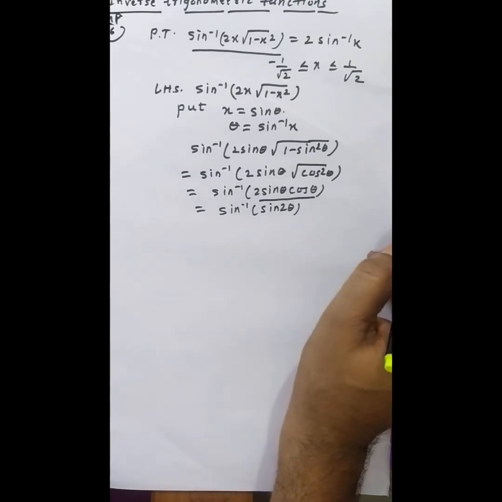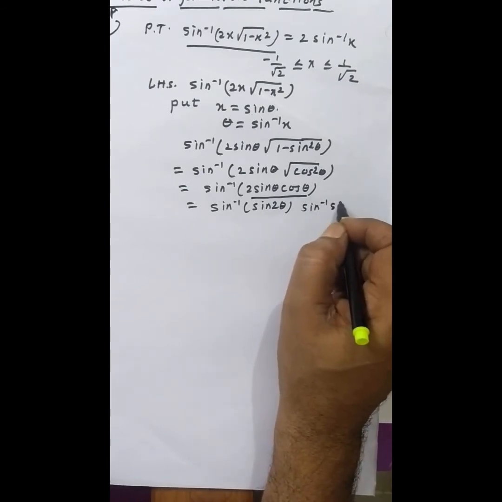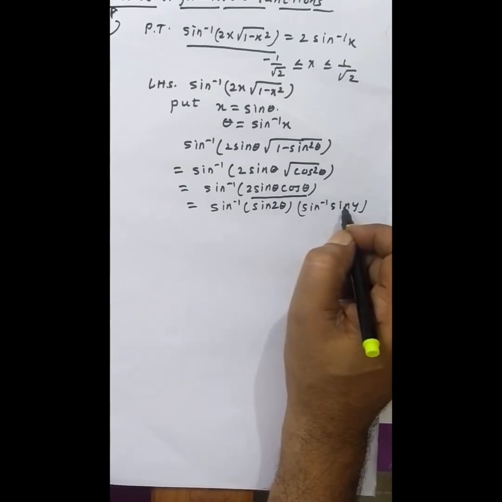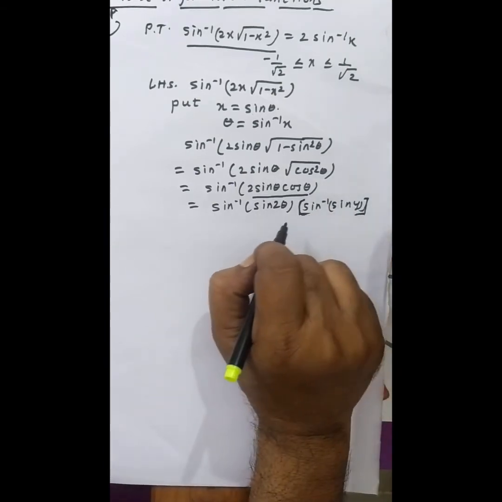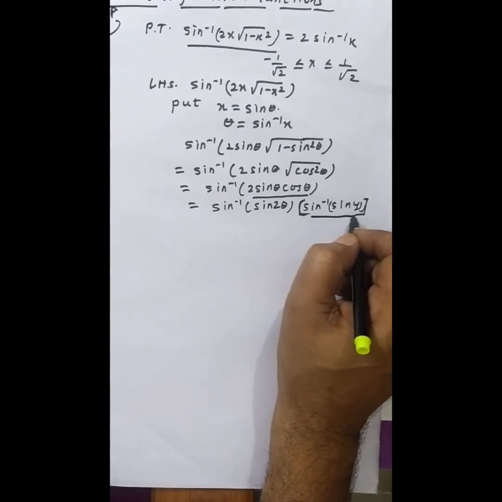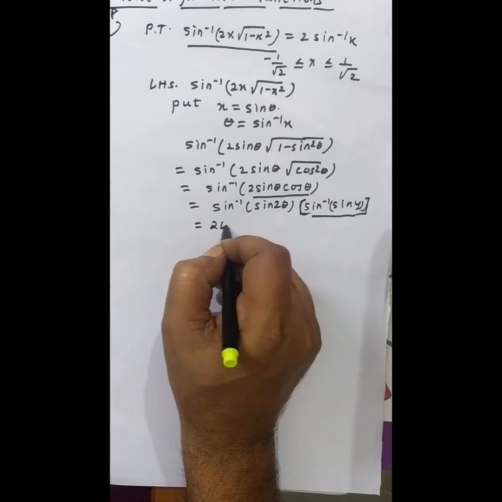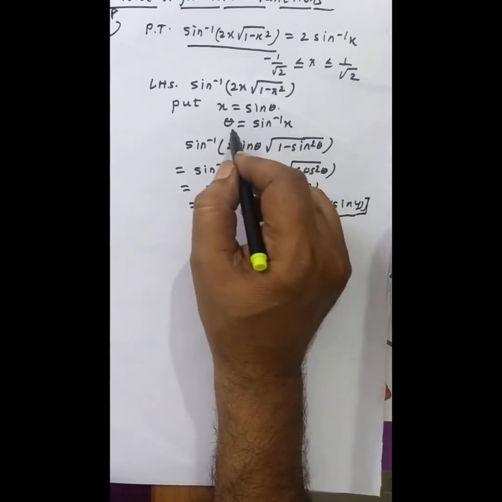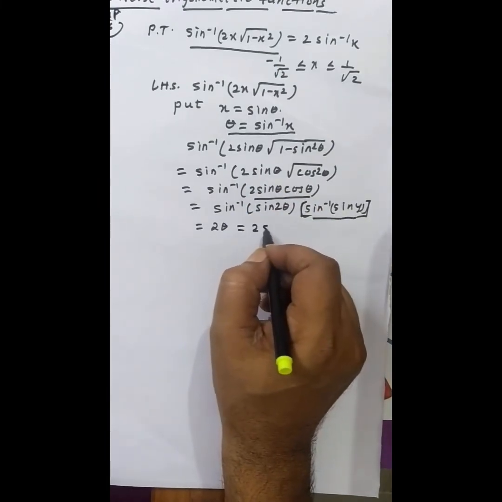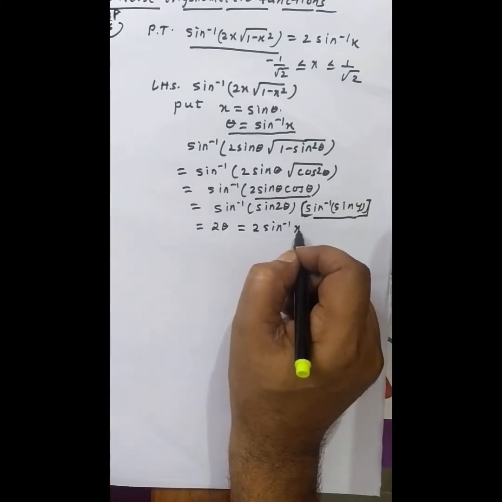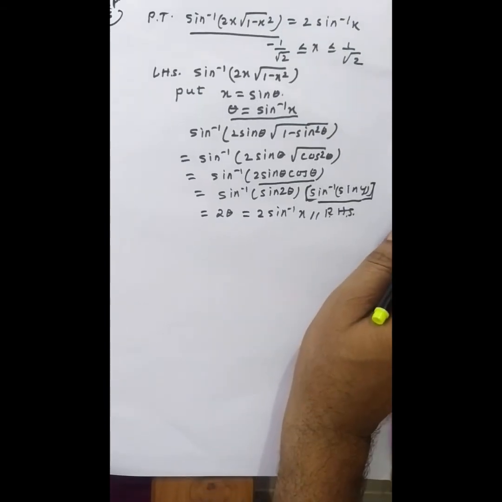Now this is like sine inverse of sine y, and sine inverse of sine y is y. So sine inverse of sine 2 theta will be 2 theta. But what is theta? Theta is sine inverse of x. So this becomes 2 times sine inverse of x, which is your right hand side.